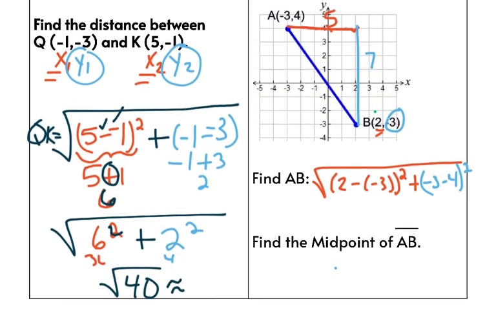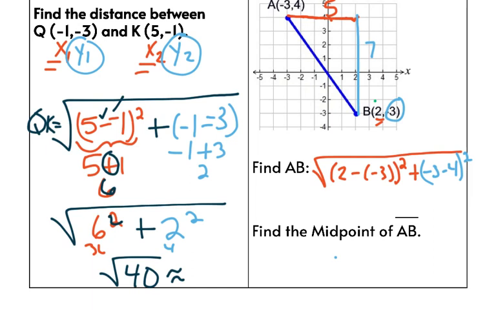But, let's go do it. 2 plus 3 gives me 5. 5 squared is 25. Negative 3 minus 4 is a negative 7 that I need to square. Now these parentheses are important. You shouldn't get any negatives under there. So just know that if you thought that was negative 49, something's wrong.